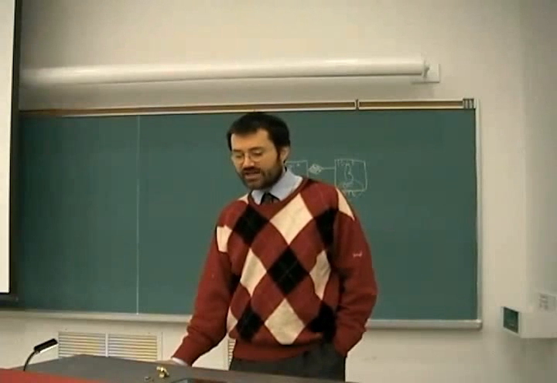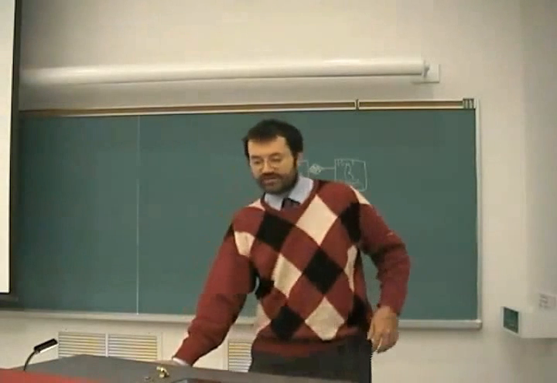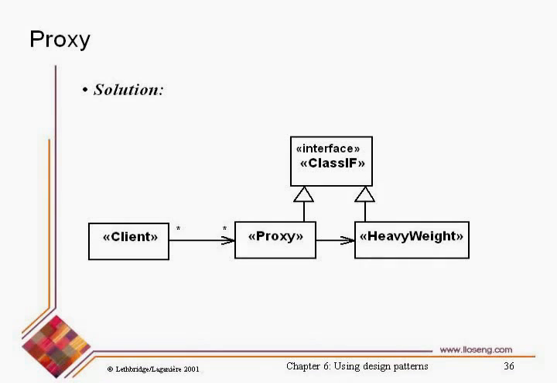Generally speaking, both the proxy and the heavyweight are going to implement a common interface. So they have the same operations. In the case of an image, they have get dimensions, get color map, things like that, and display. They both have a display.